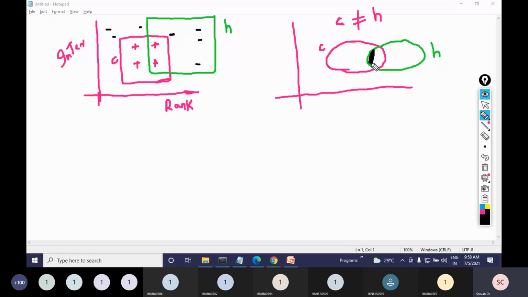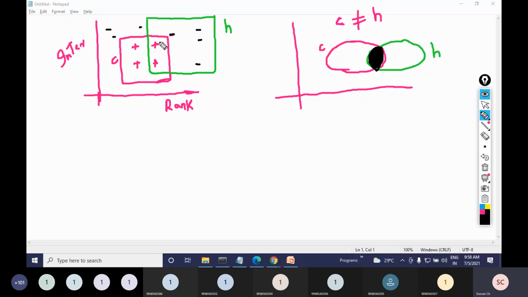My hypothesis is correct only in this particular overlapped region. C is the expected answer, H is the generated answer. So my hypothesis is matching with C only in this overlapped region.